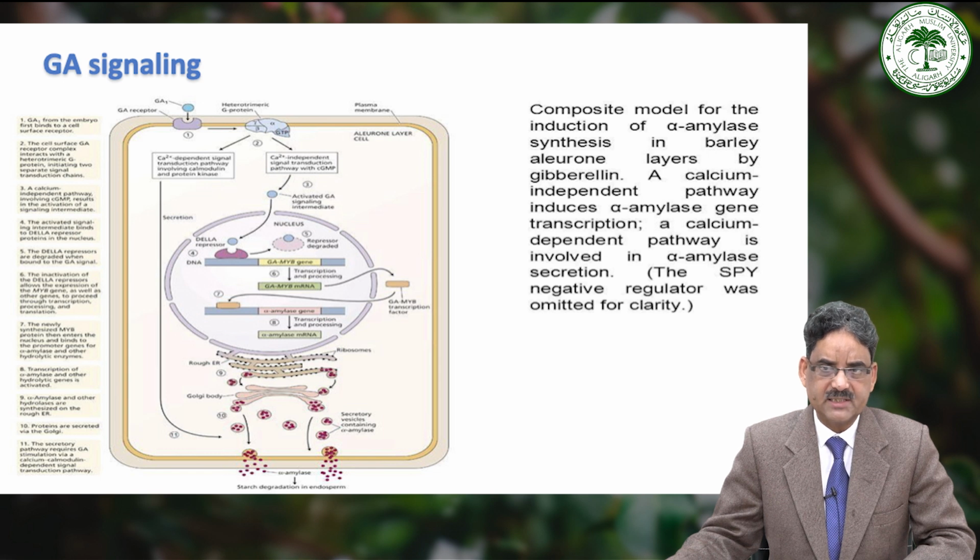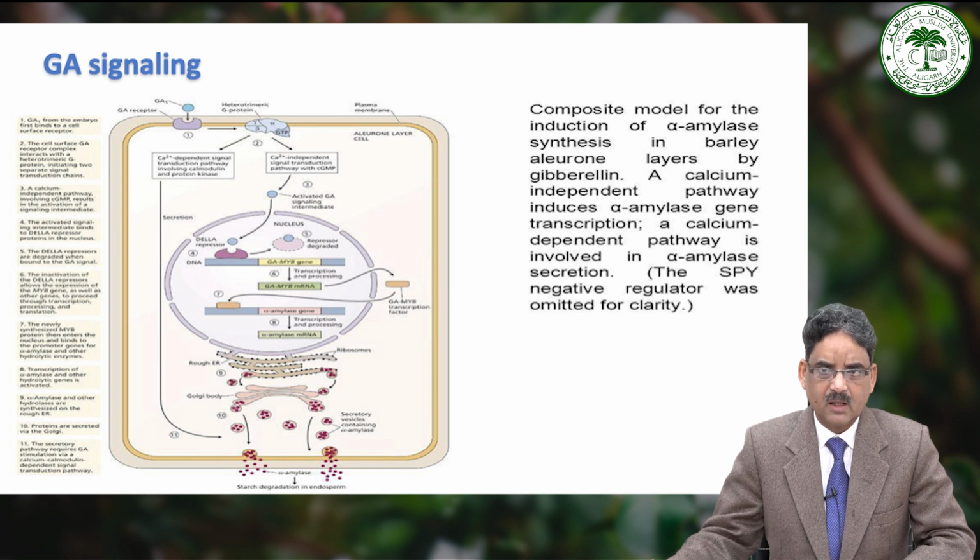Moving to another step, the newly synthesized MYB protein enters the nucleus and binds to the promoter gene for alpha amylase and other hydrolytic enzymes. Consequently, the transcription of alpha amylase and other hydrolytic genes is activated.